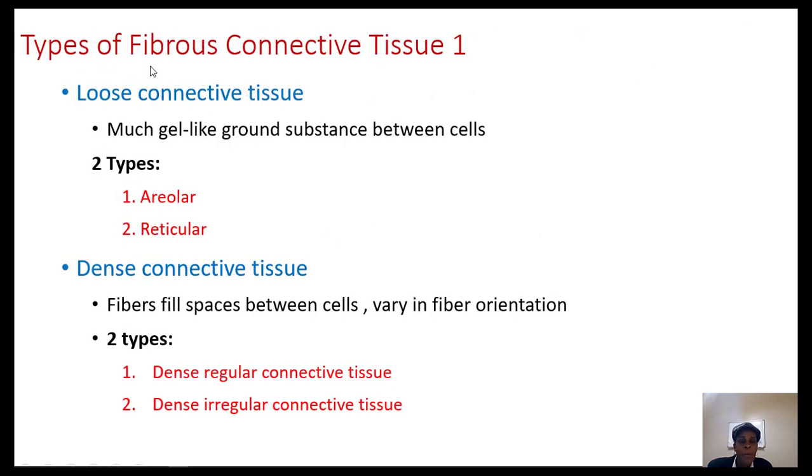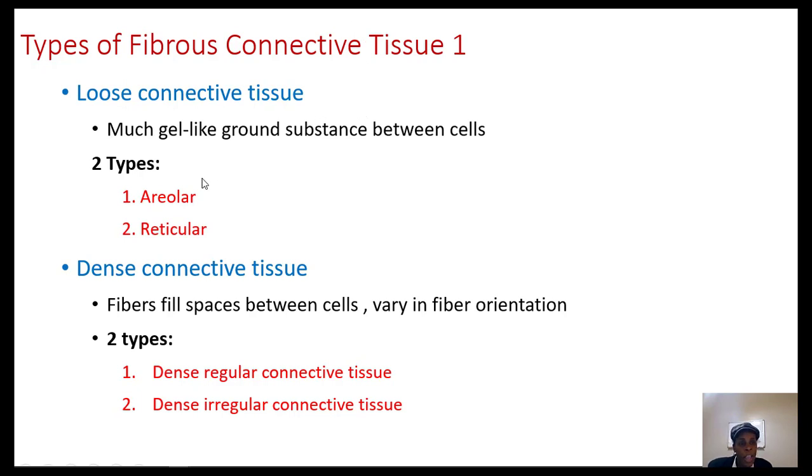So let's talk about the types of connective tissue. Based on the amount of fibers, in the fibrous connective tissue, we can have either loose connective tissue or dense. What makes it loose? The looseness depends on the amount of fibers in it. If you have less fiber, you're loose. More fiber, you're dense.